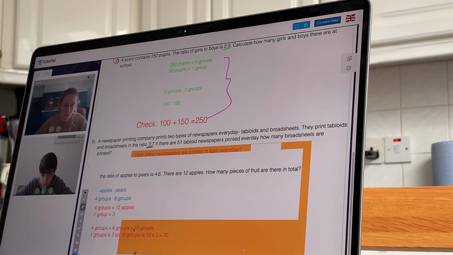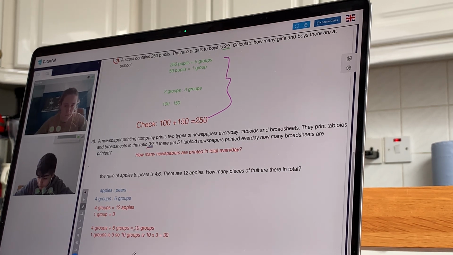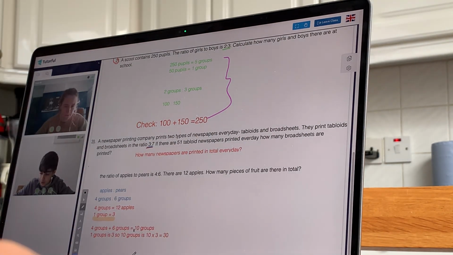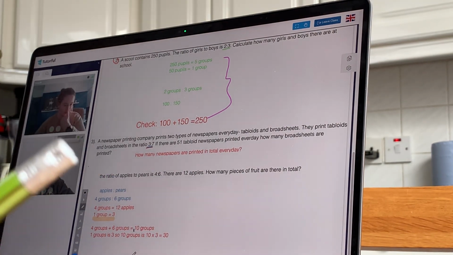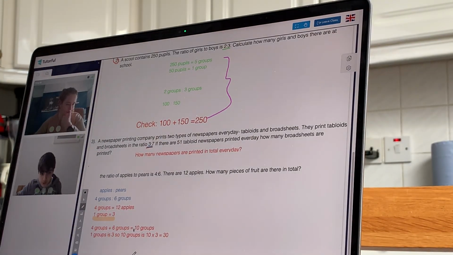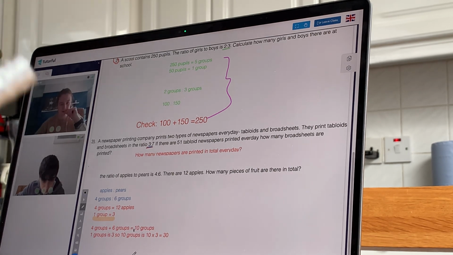So you do 1 group, you do 8 groups of apples. 1 group plus 8 plus 2, 8 plus 2 is 10, so 10 groups altogether.